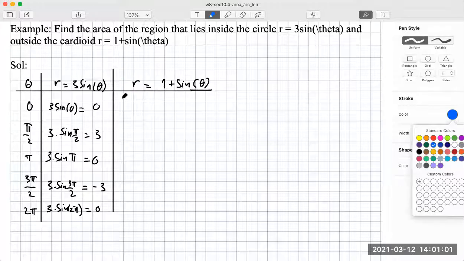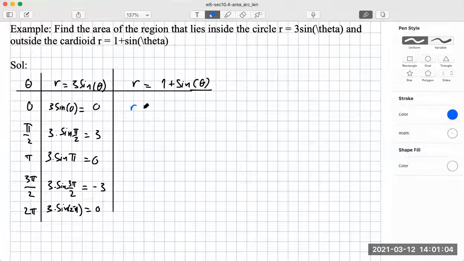The second curve here. When theta is equal to 0, what is r? And here at pi over 2, it will be 1 plus sine of pi over 2, which is 1 plus 1, and it is 2. Thank you.